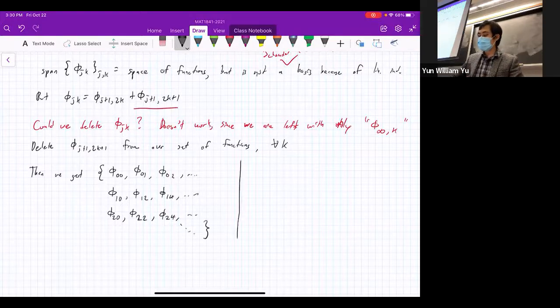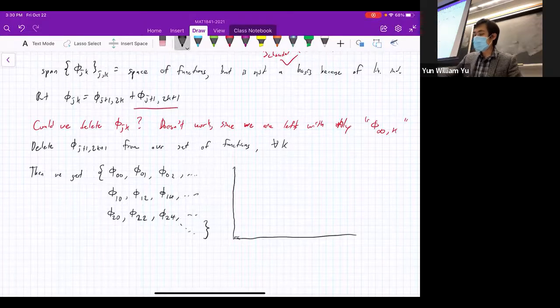And so what does that look like? Let me see if I can draw this on my grid. There's a reason I have grid paper on here. So you might start with these. Let's actually make these square.